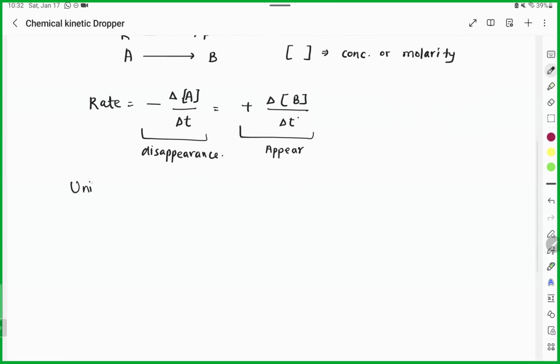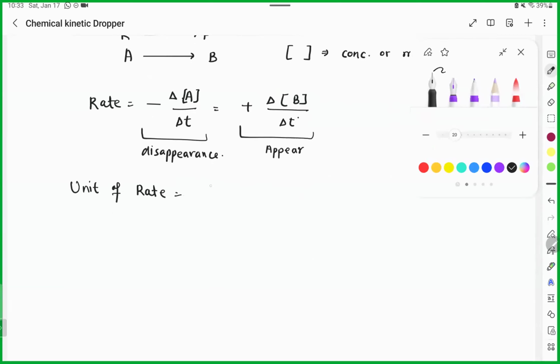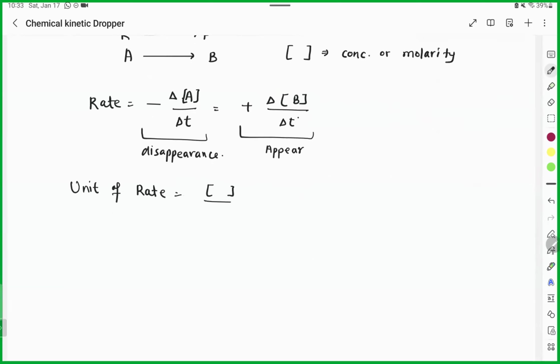Jordan, what will be the unit of rate of reaction? Jordan, are you there? It should be moles per liter per second. How do we know?